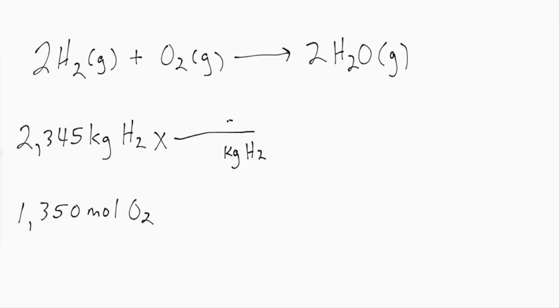And we're going to go to grams of hydrogen gas. And then we're going to bring down grams of hydrogen gas, and then we're going to go to moles of hydrogen gas. Go to moles of hydrogen gas, and where should we go now?